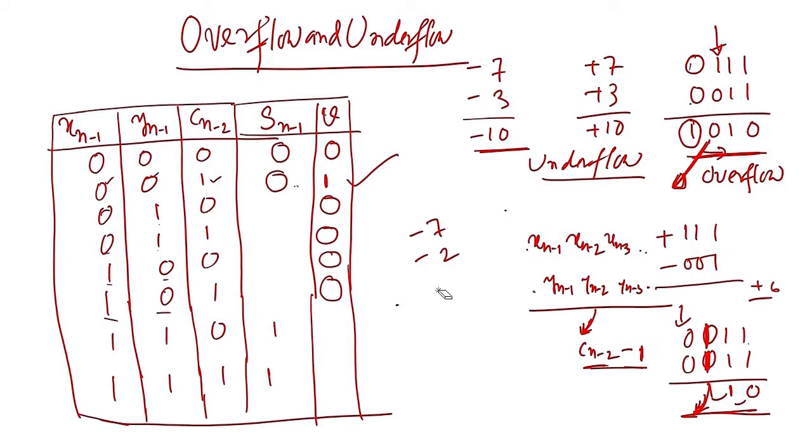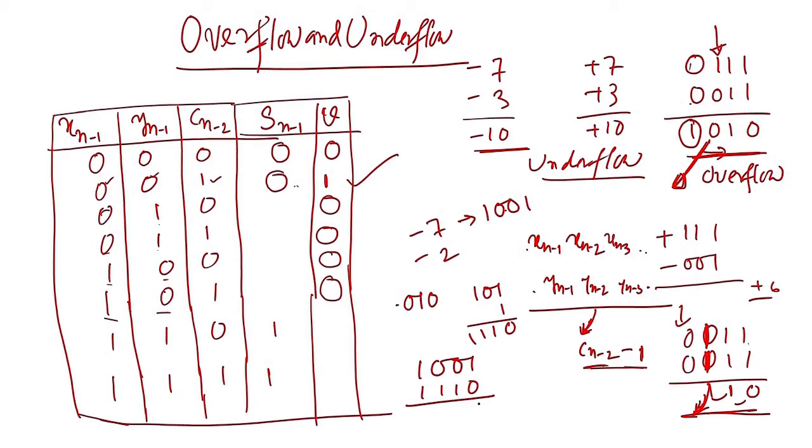Therefore, minus 7 will be 1 0 0 1, and what will be minus 2? Minus 2 is generally 0 0 1 0. Now you take the 1's complement 1 1 0 1, you add 1, so this is 1 1 1 0. Now you add the numbers 1 0 0 1 and 1 1 1 0.